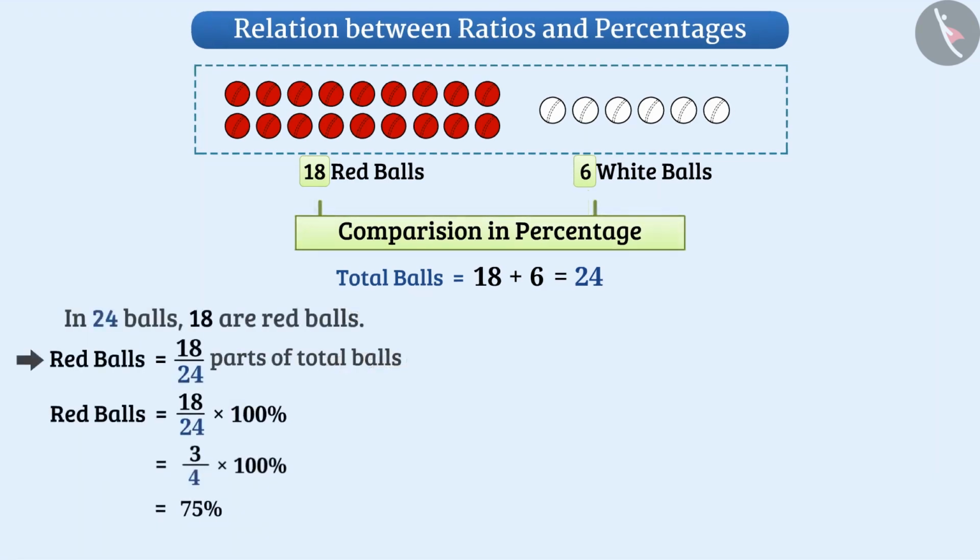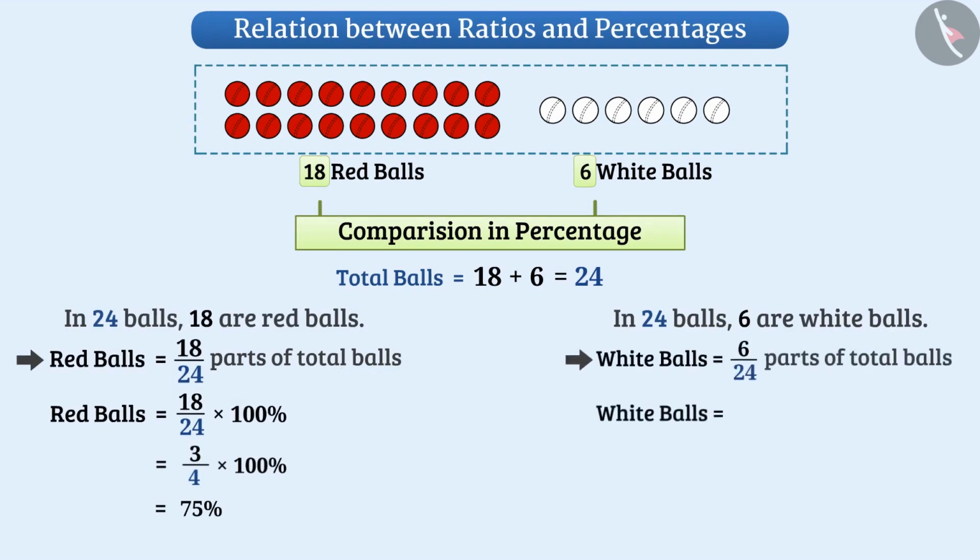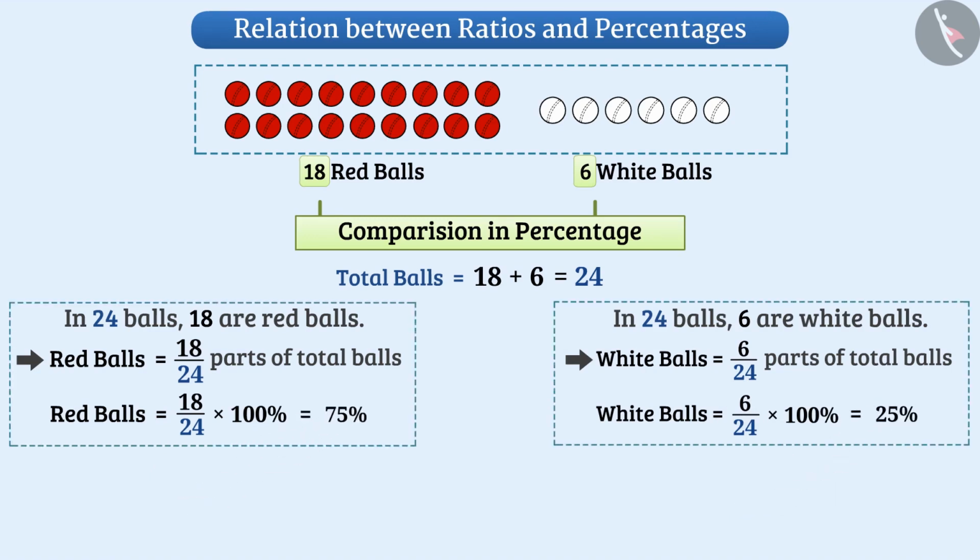Similarly, we see that there are 6 white balls in 24 balls. That is, white balls are 6 divided by 24 multiplied by 100% is equal to 1 divided by 4 multiplied by 100% is equal to 25%. Keep in mind that in both situations, we have used the unitary method.